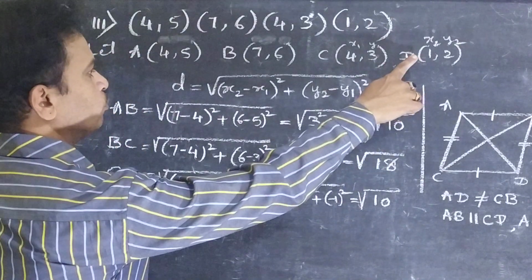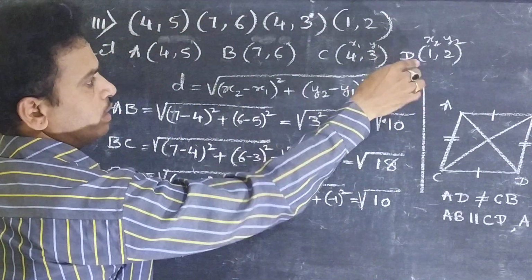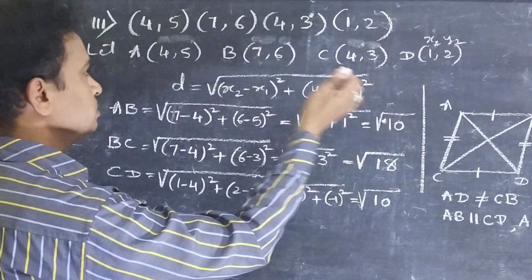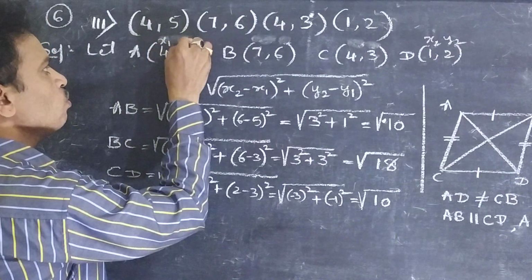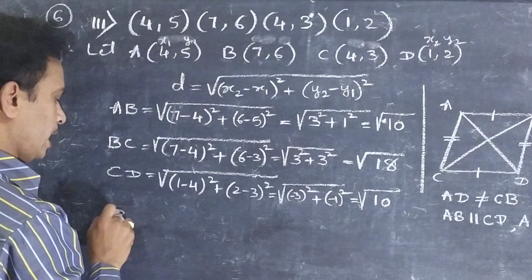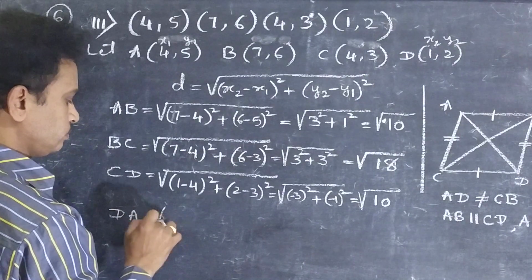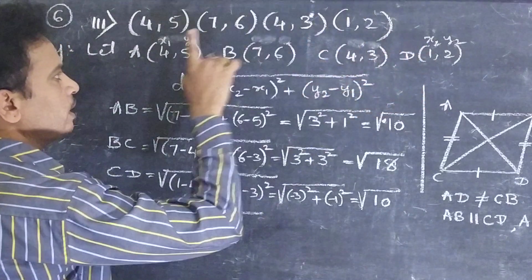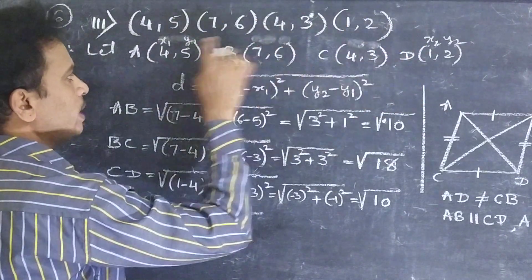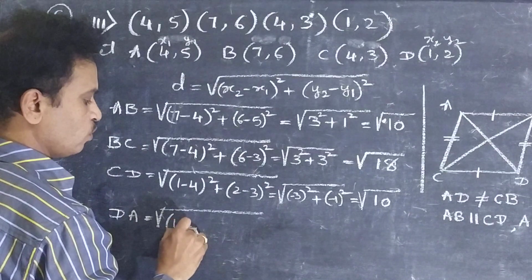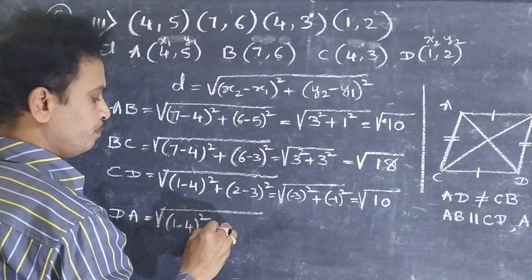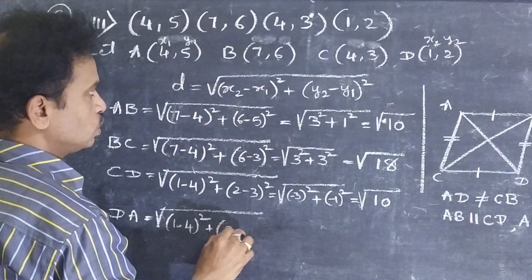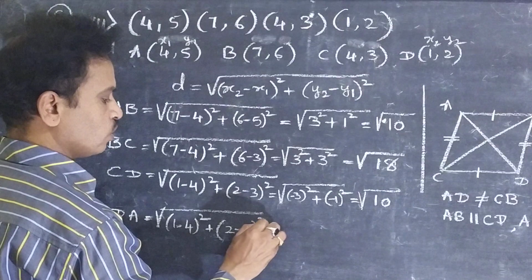Now we will find the distance between A and D. Here already I took x2 and y2, and this point we will take x1, y1. DA: x2 minus x1, so 1 minus 4, whole square, plus y2 minus y1, 2 minus 5 whole square.